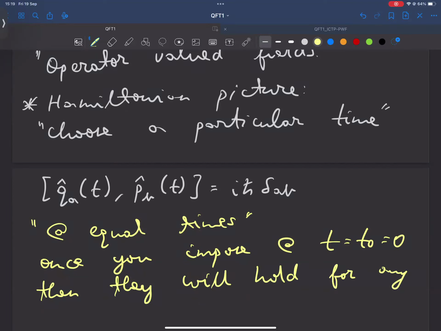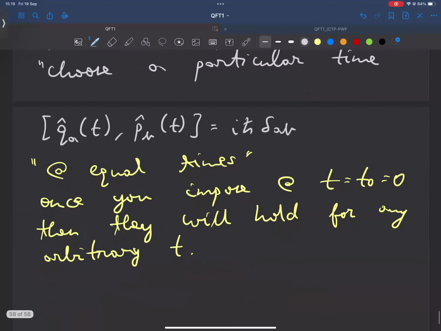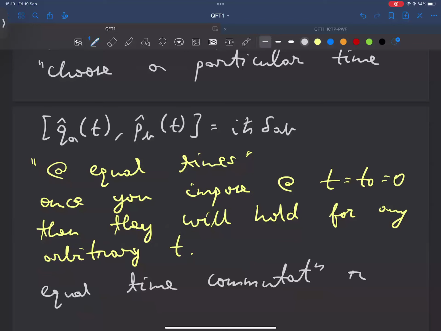Okay. So we will see this, and this is why we will impose them at one particular time, and then we will forget about it. And this is why these are called equal time commutation relations.